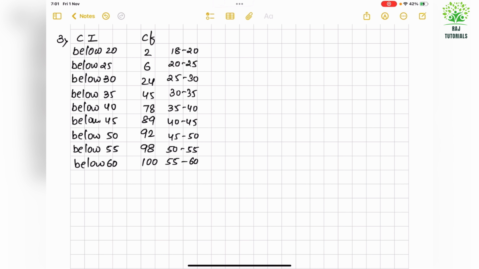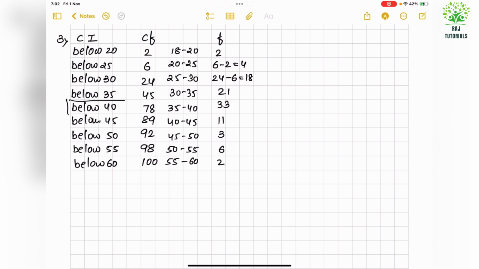Now if you see carefully, it was given that 100 policies are given. So here CF is given to us, so I will need to find F. So first it will be the same, then 6 minus 2, so 4, then 24 minus 6, so 18, same way 21, 33, 11, 3, 6 and 2.